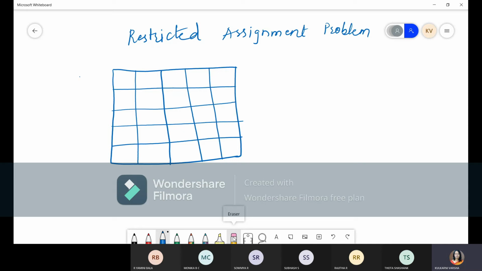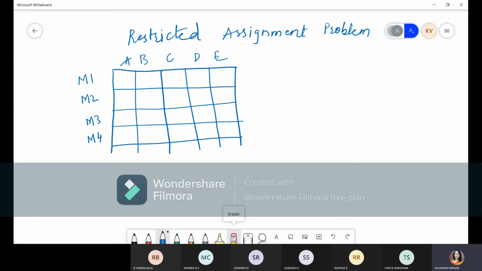Okay. So let us say these are the machines M1, M2, M3 and M4, and we have A, B, C, D, E, some people. Now what we need to do?